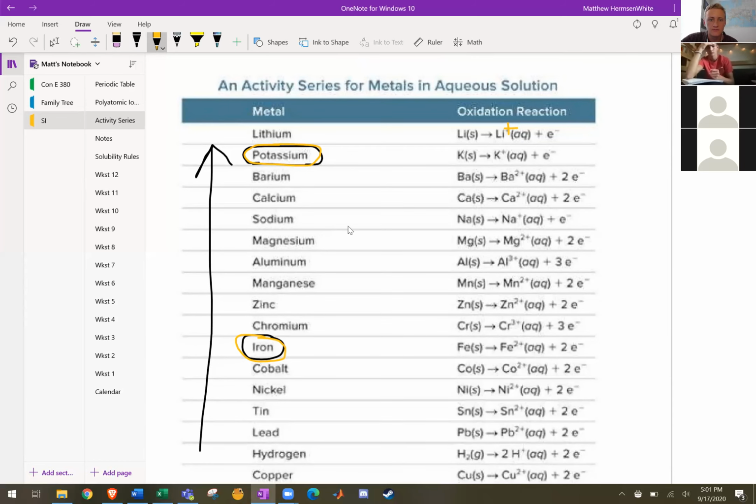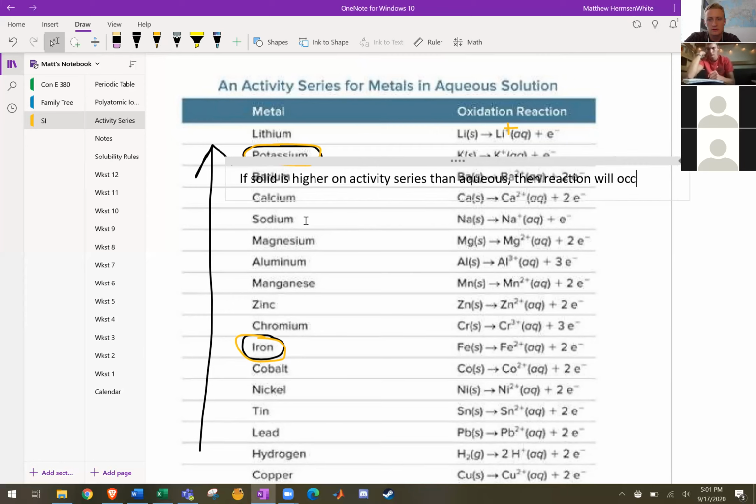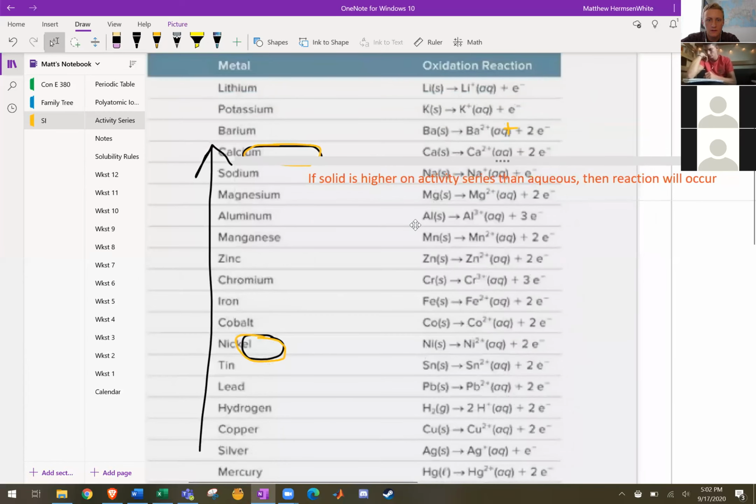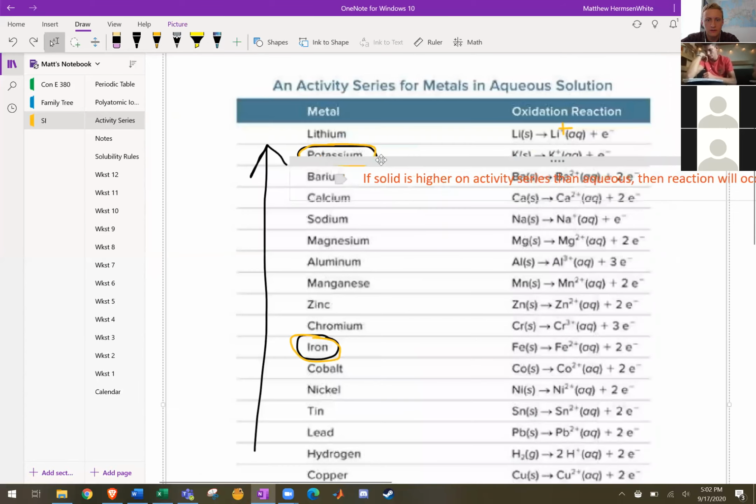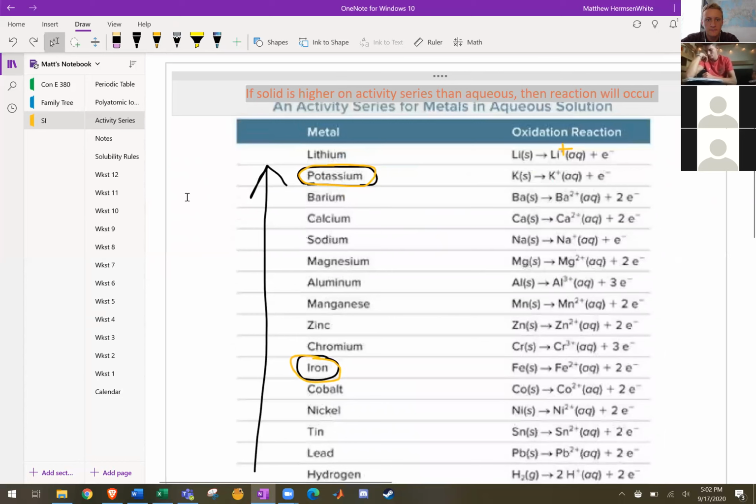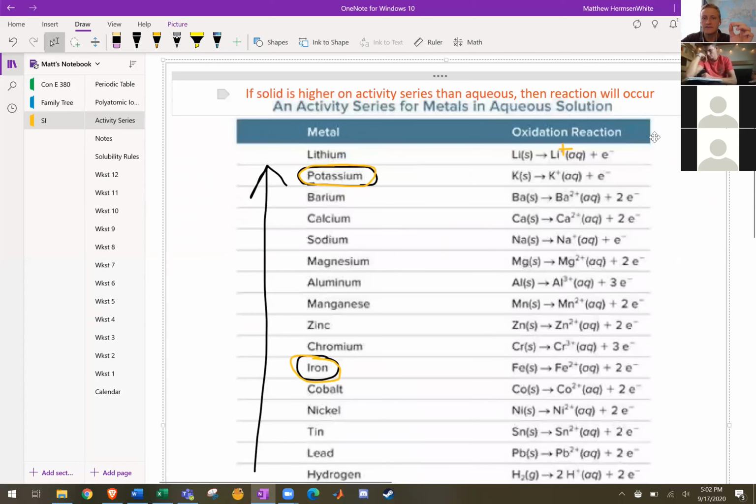So let me write down the rule here. If the solid is higher on the activity series than the aqueous one, then a reaction will occur.